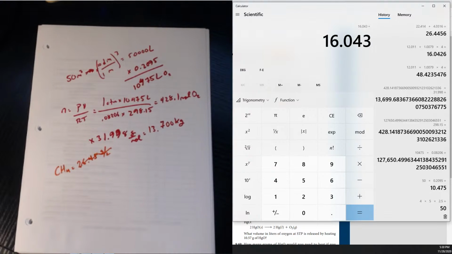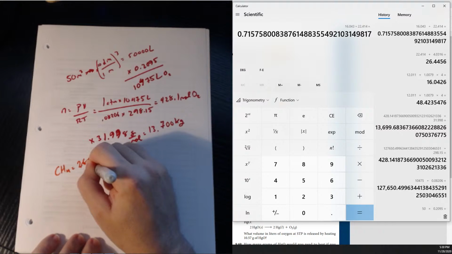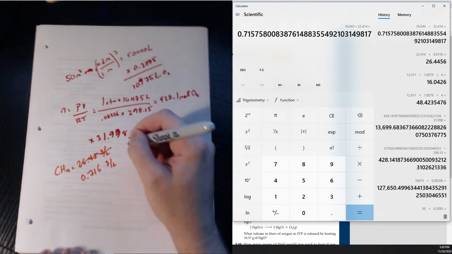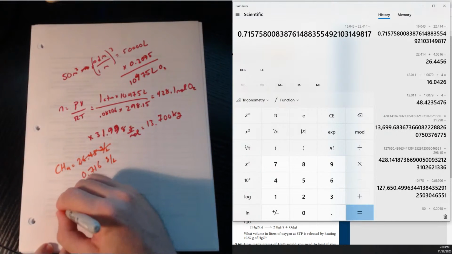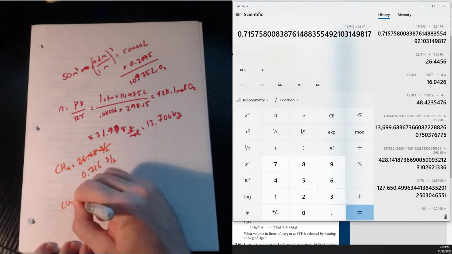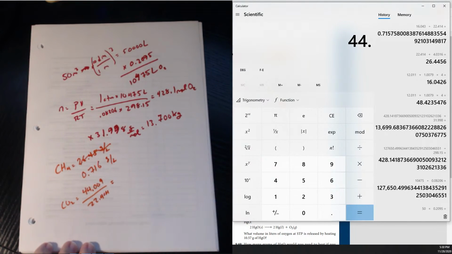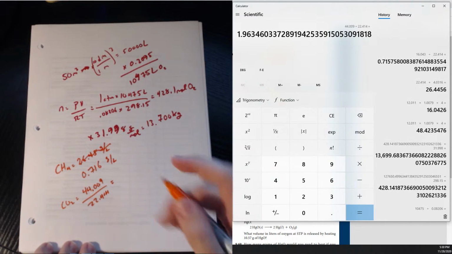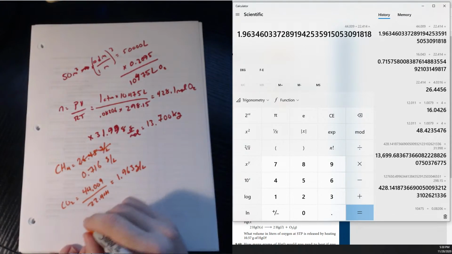16.043 divided by 22.414. 0.716 grams per liter. For CO2, it's going to be 44.009 divided by 22.414. 1.963 grams per liter.